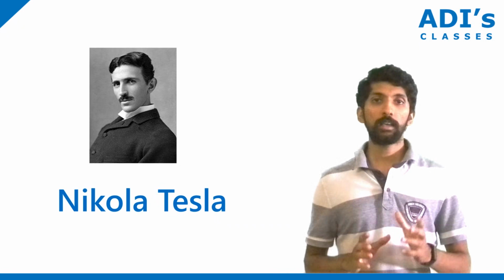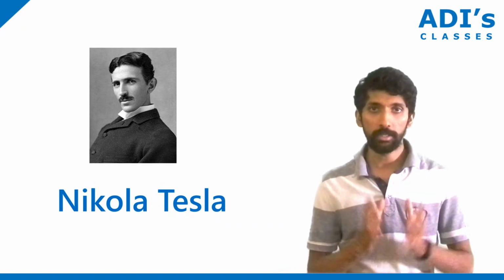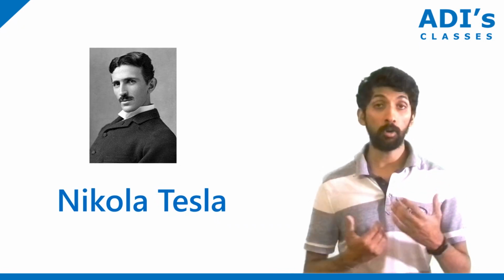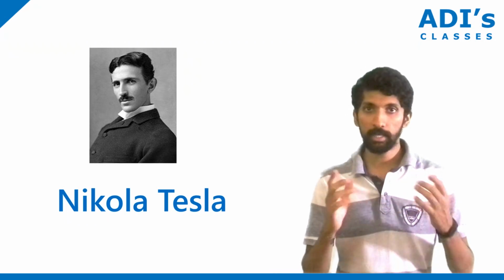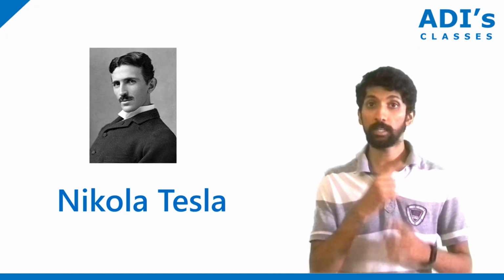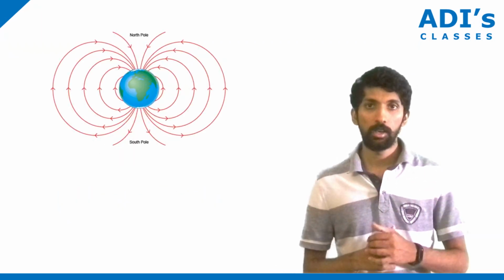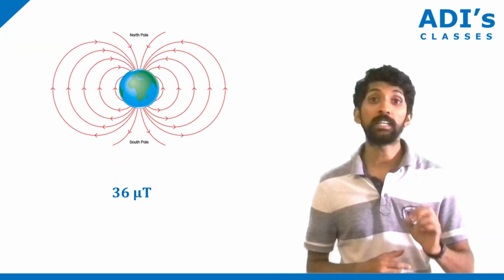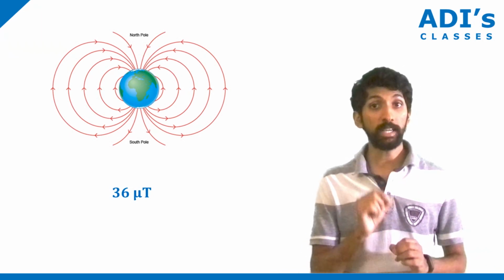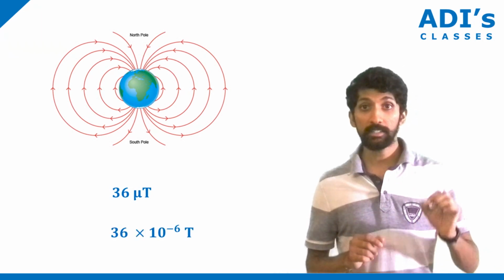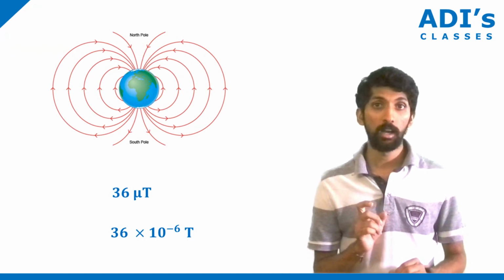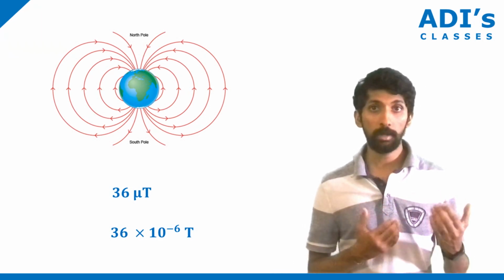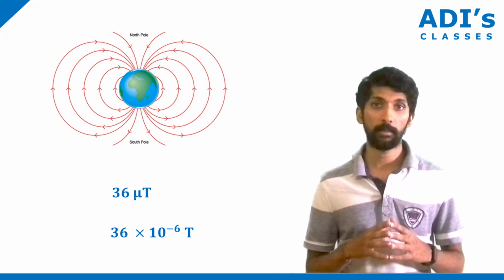I told you that Tesla is a huge quantity, right? To give a comparison of how big Tesla is, see, Earth has a magnetic field. Earth's magnetic field is very less. It's 36 micro Tesla, that is 36 into 10 to the power of minus 6 Tesla. Now I think you are able to imagine how big 1 Tesla is.